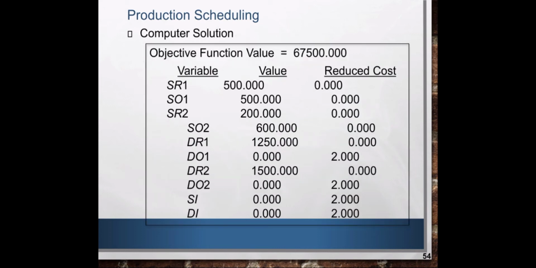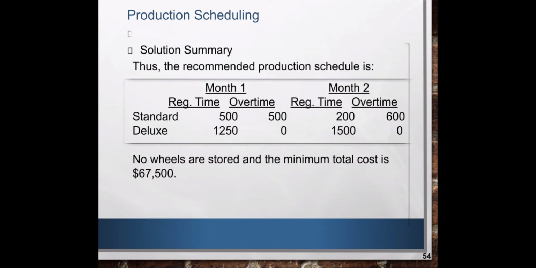So here is the computer solution. The objective function value is 67,500. For the solution summary, the recommended production schedule for month 1 is, for standard, regular time of 500 and for deluxe 1,250, and for overtime, standard is 500 and deluxe is 0.